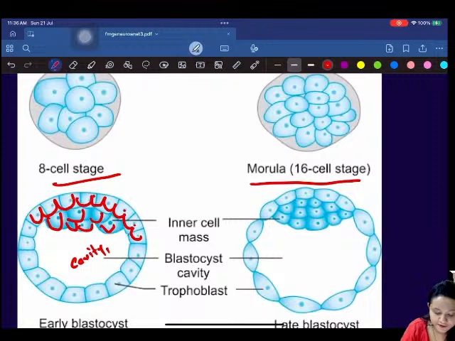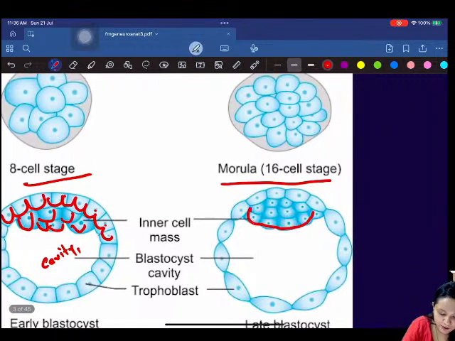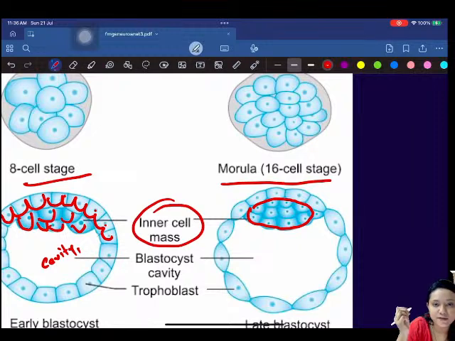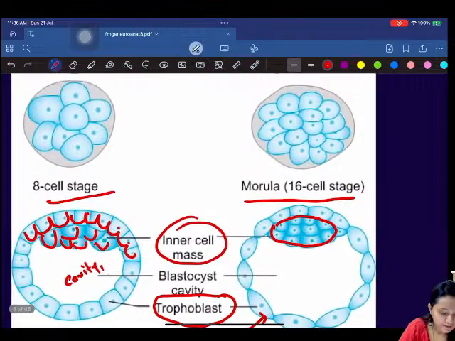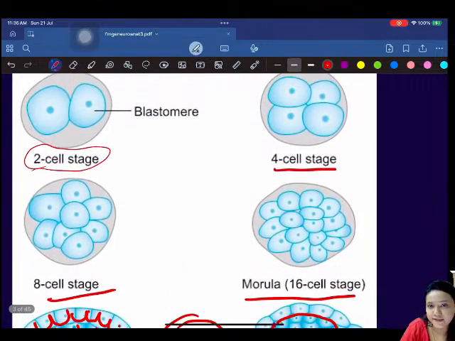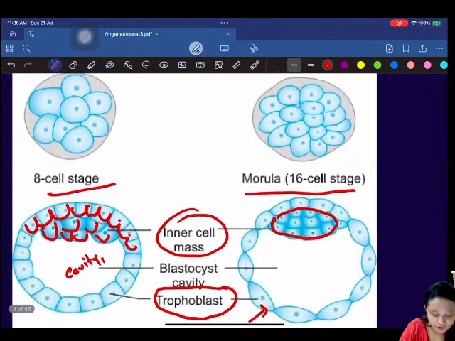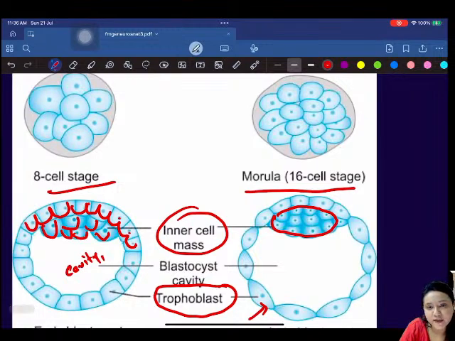Now this cell mass which has gone on one end is known as the inner cell mass, and the cells which are outside, that outer cell mass is the trophoblast.